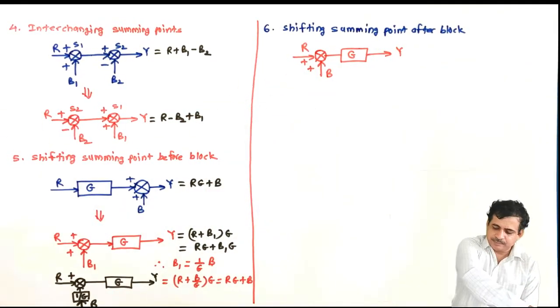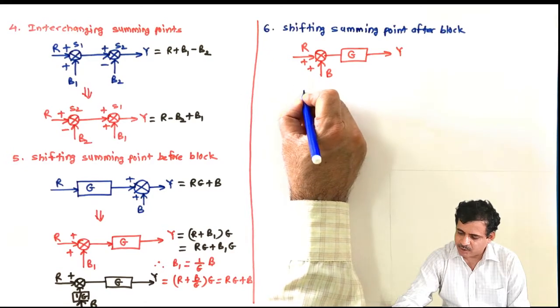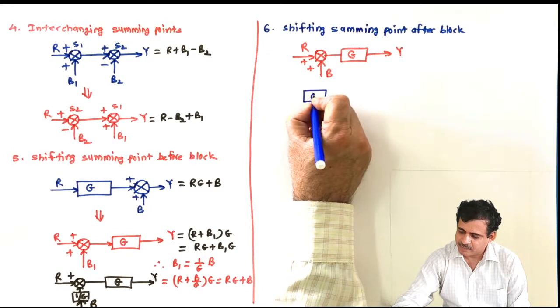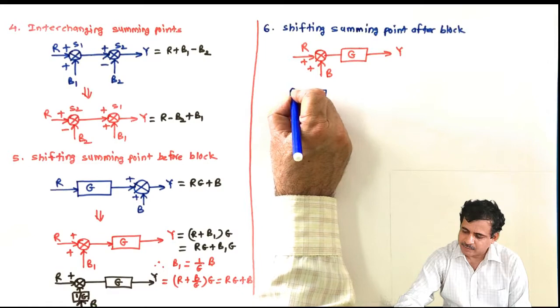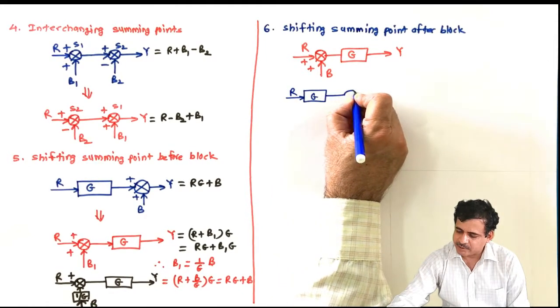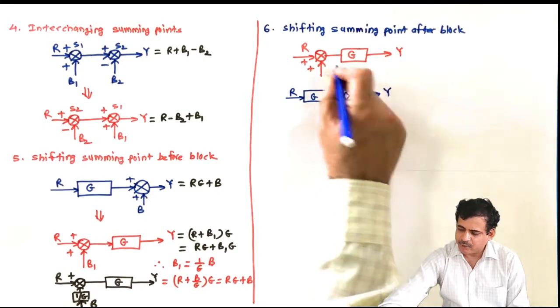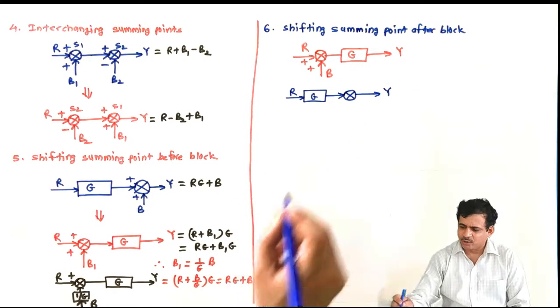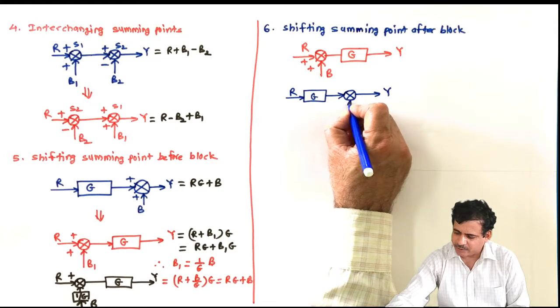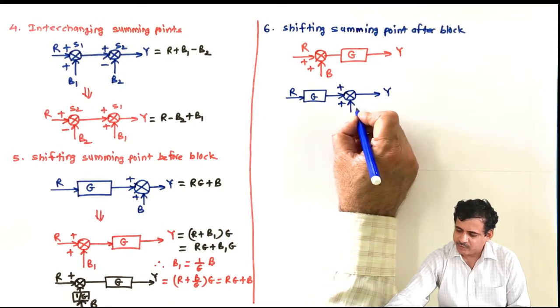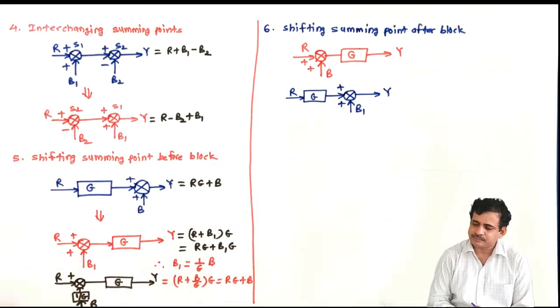Means what will happen? Here I will have this block first, and then the summing point. Can we apply same B as it is? No. So let us find what we have to apply, and for a while we will note it as B1.